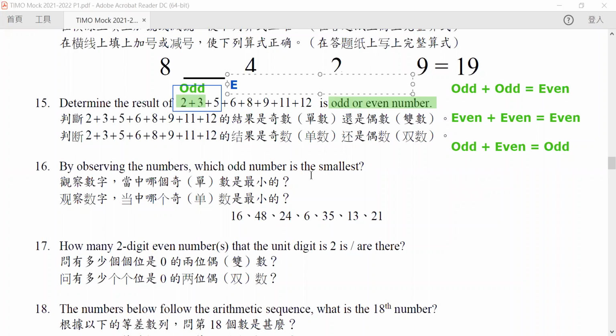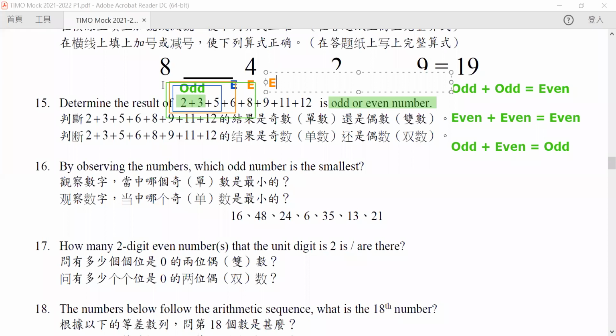And then we continue: an even number plus another even number will be even. If we continue to add another even number, 2 plus 3 plus 5 plus 6 plus 8, it is still even.